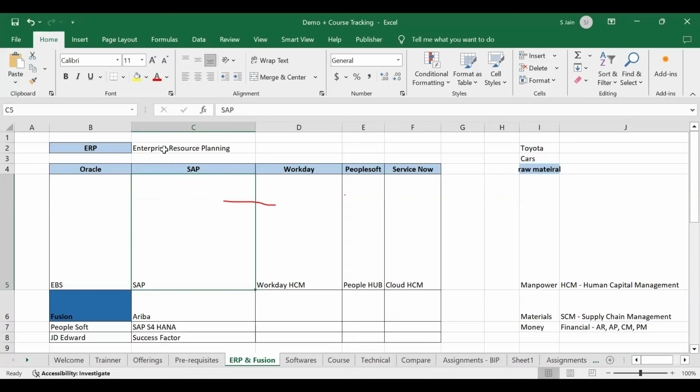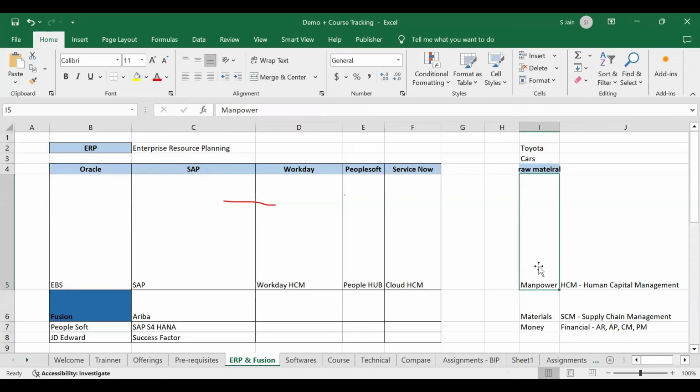ERP applications are the tools that are going to manage your resources. In any organization, we majorly classify the resources into three different aspects. Any resources can be classified as manpower. Manpower means the people of the organization; these are to be considered as the resources for your organization.